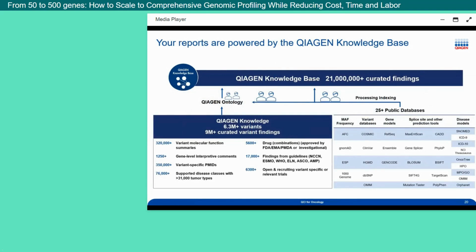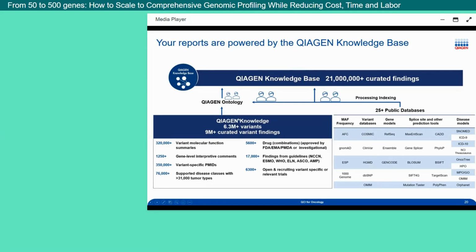As of today, QIAGEN's knowledge base contains over 21 million curated alteration findings, derived from manually curated literature, drug labels, guidelines, and clinical trial databases, combined with publicly available databases.